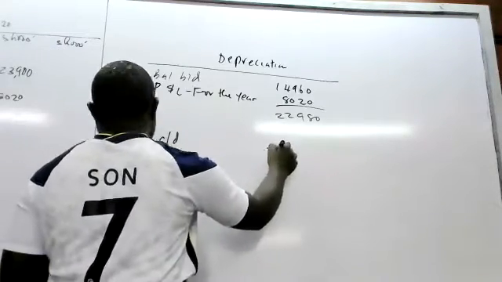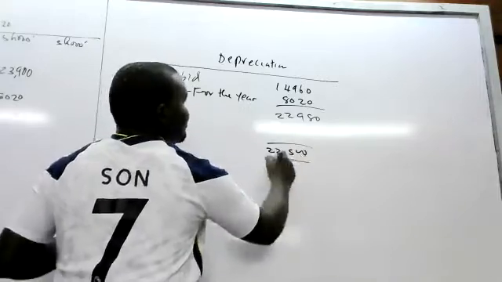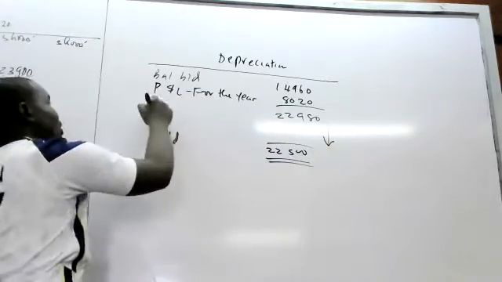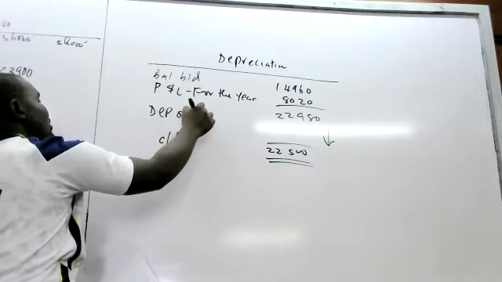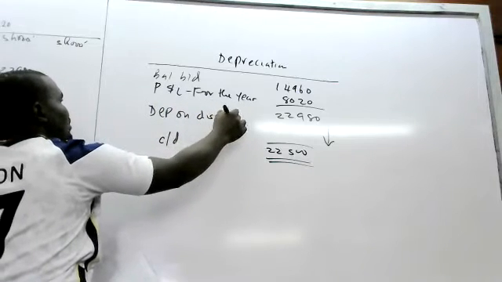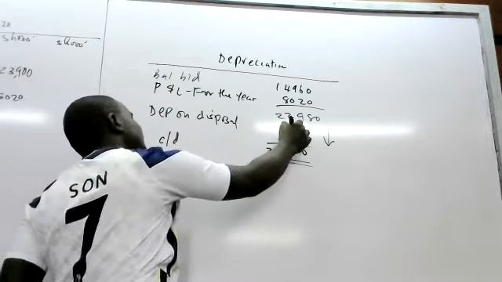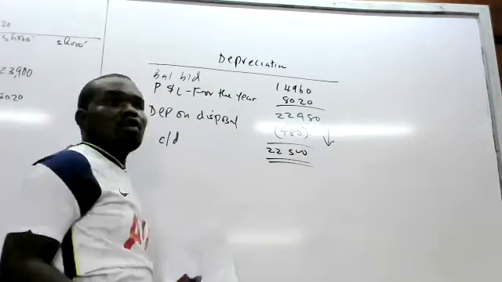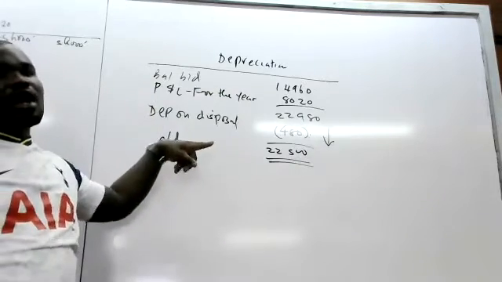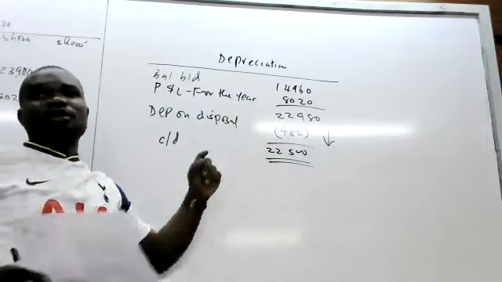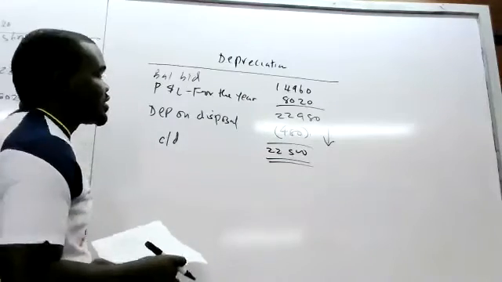22. That decrease is the depreciation on disposal. Of how much? 48. So the asset we disposed had already depreciated with 480. What was its cost?